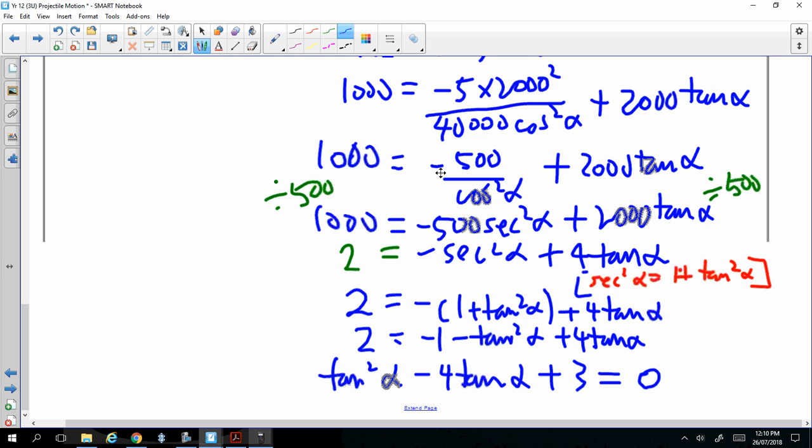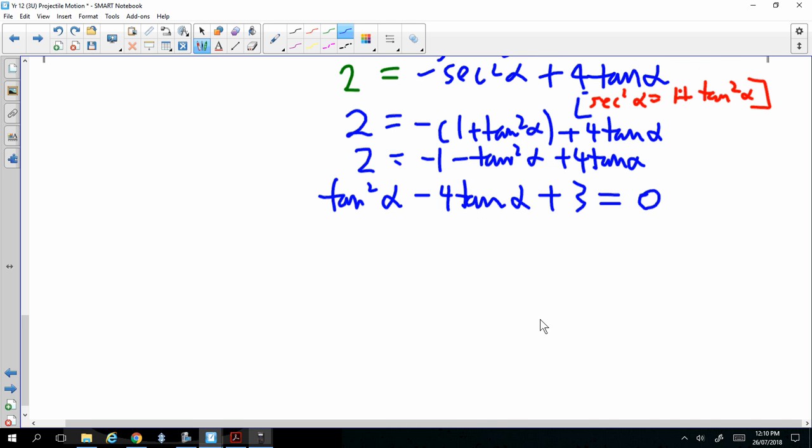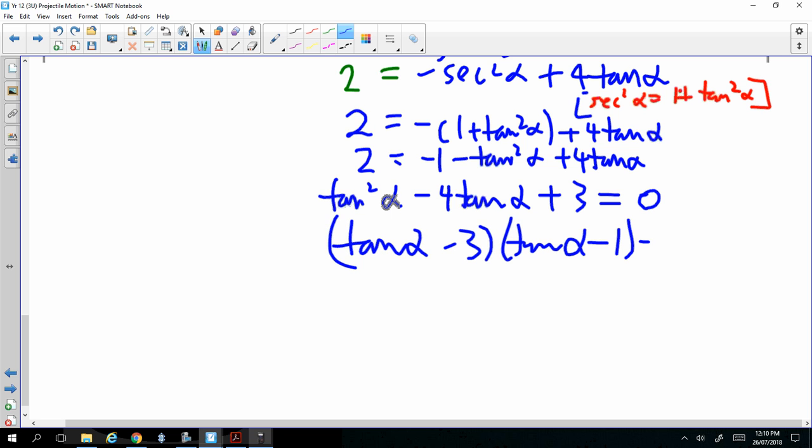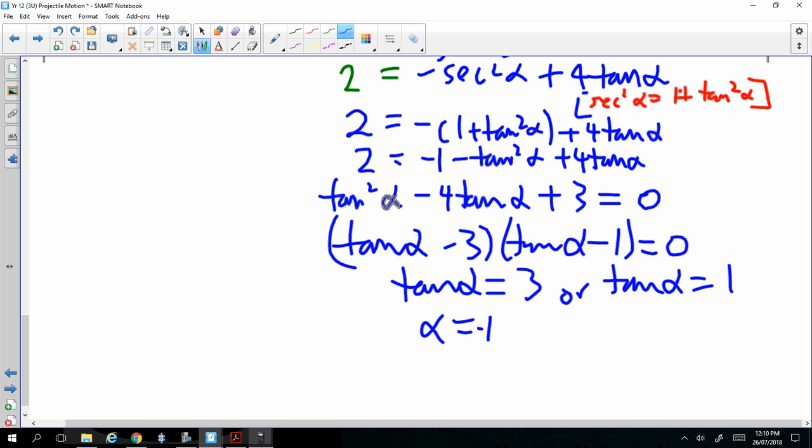It's a quadratic, so you can factorize it. You go tan alpha minus 3, tan alpha minus 1, which means tan alpha is equal to 3 or tan alpha equals 1. To find alpha, you take tan inverse. These are all in the first quadrant because alpha is acute when you throw things in the air.